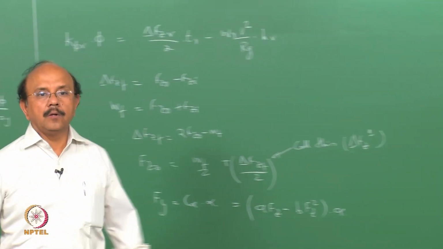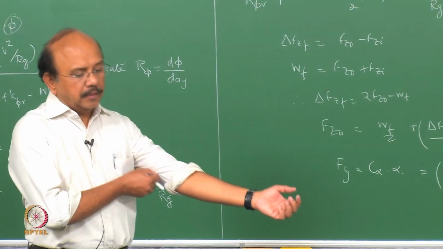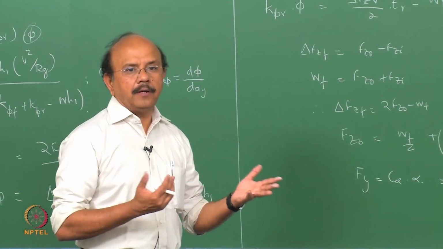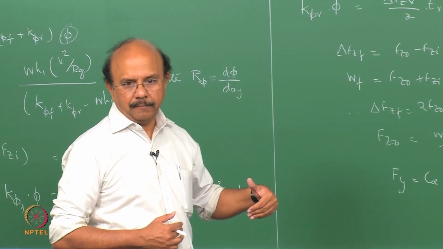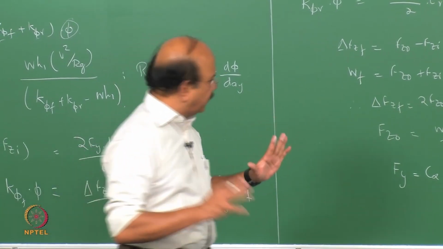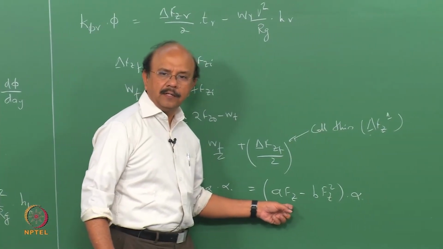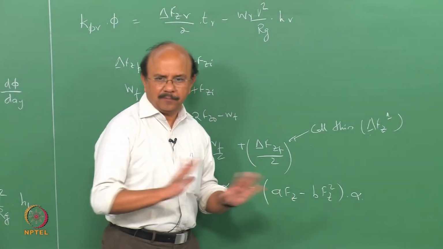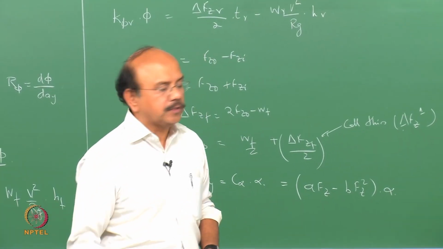Now, we will simplify this and ultimately get Fyf, the front, and Fyr. The same thing we will do with Fyr as well. So what are we trying to do? We have an equation; we are substituting for the outer and the inner for Fz, summing them up. That's all. So I'm going to write down the final equation.